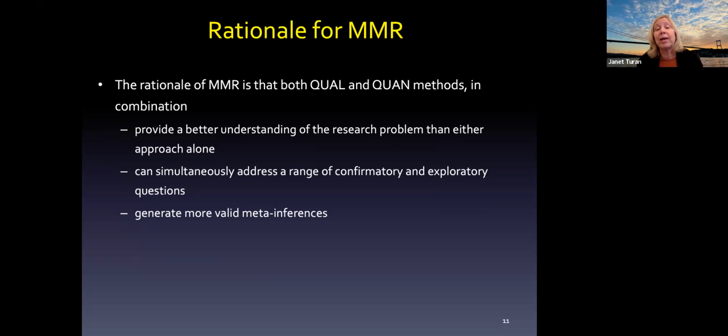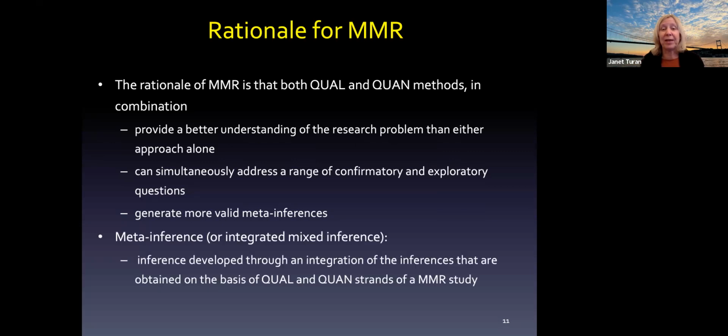And you can generate more valid meta inferences about your topic. So that's where we're really talking about inferences that you make based on integrated data. When you integrate the things that you're finding from both qualitative and quantitative strands of a mixed methods research study, you can make meta inferences that are on a higher level.